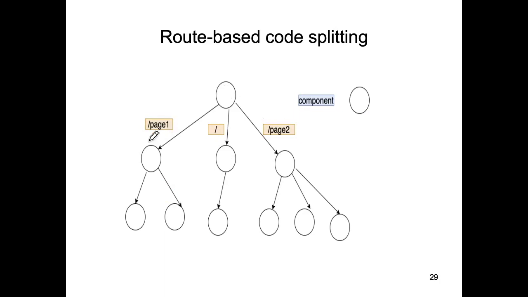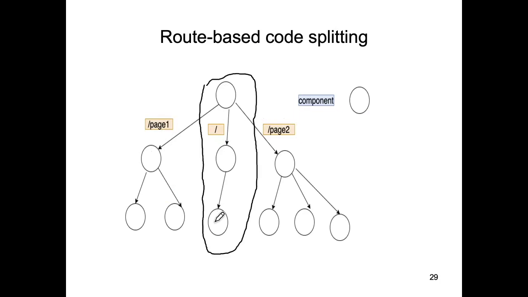These circles are the components that make up my application. What it would mean in the context of this generic application is that the only source code that needs to be downloaded in a bundle to the browser initially is this component, this one, and this one.